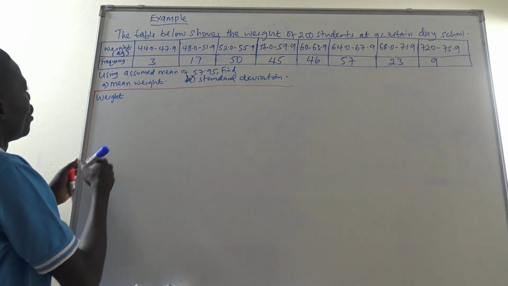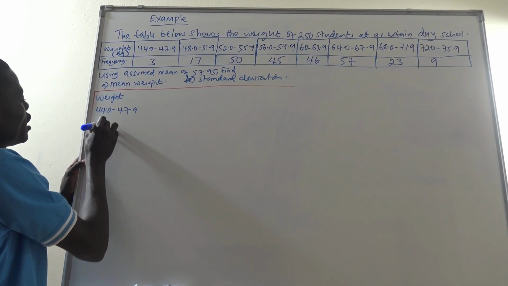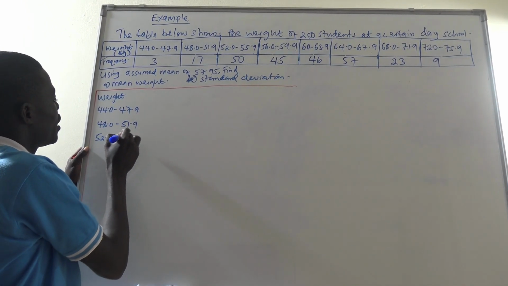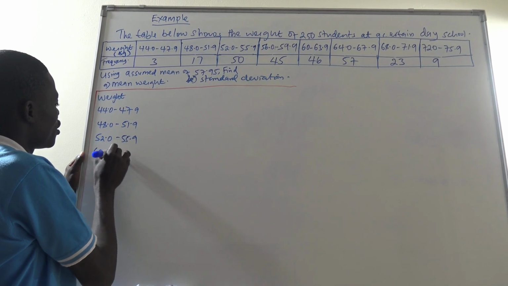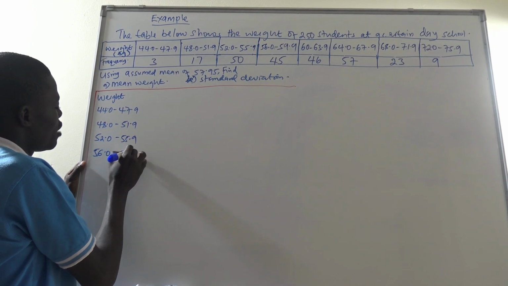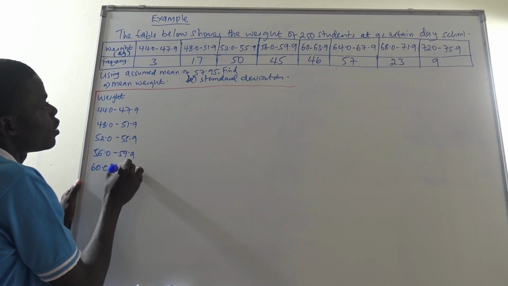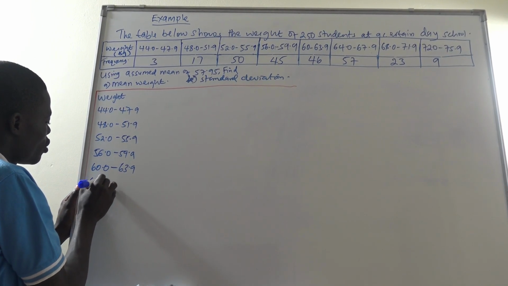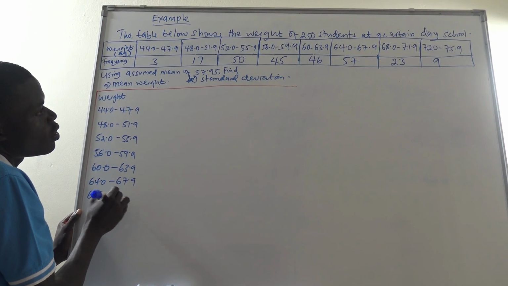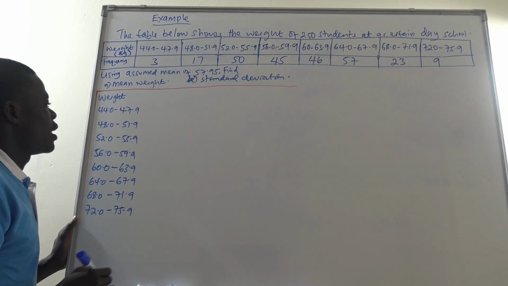And then after you put the weight, that is 44.0 to 47.9, 48.0 to 51.9, 52.0 to 55.9, 56.0 to 59.9, 60.0 to 63.9, then 64.0 to 67.9, then 68.0 to 71.9, then 72.0 to 75.9.